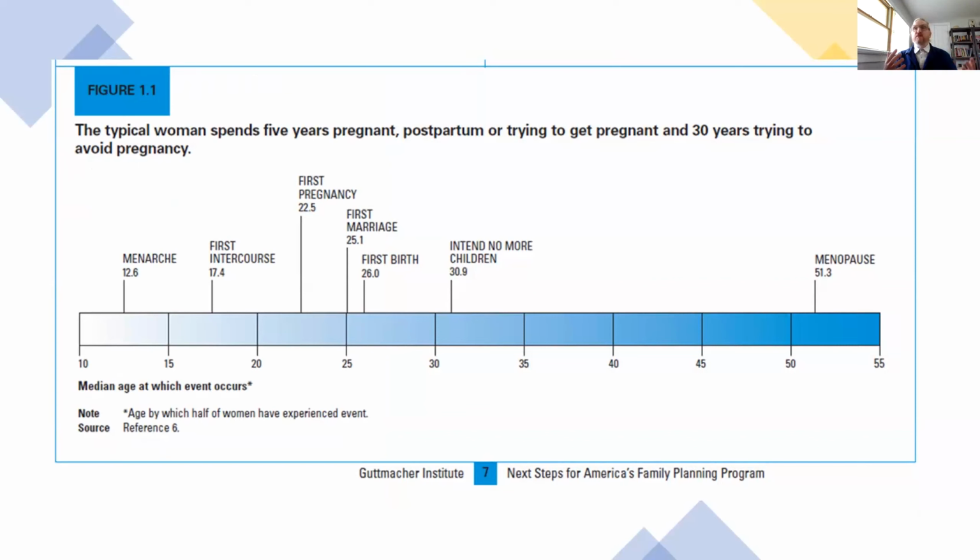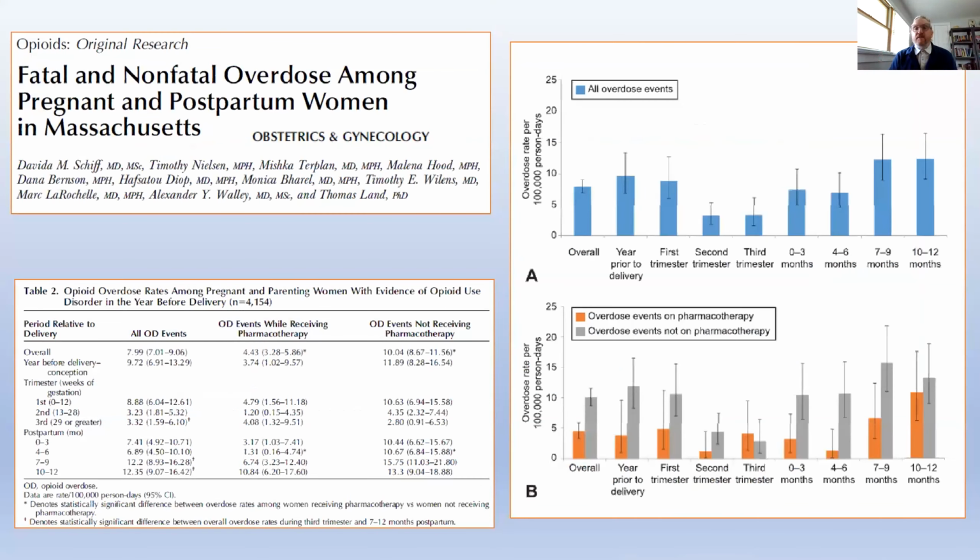Roughly, the typical woman spends 5 years pregnant, postpartum, or trying to get pregnant, and 30 years trying to avoid pregnancy. So we tend to put all of our programming into the pregnancy box, oftentimes at the neglect of other points in the reproductive health life course. In particular, we neglect the postpartum period.